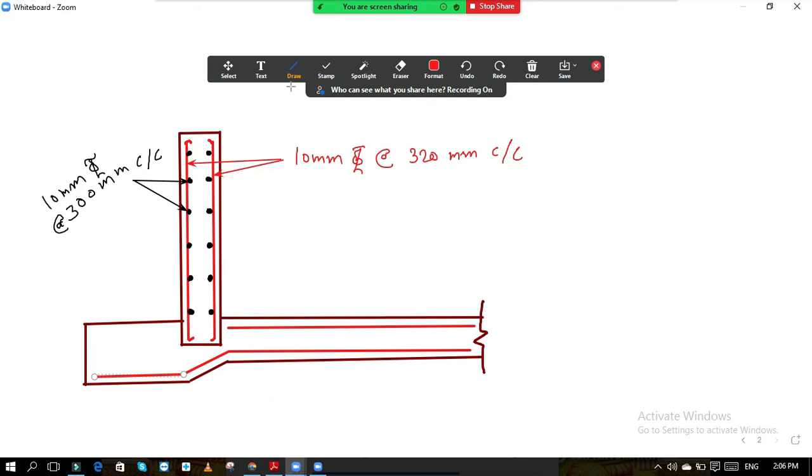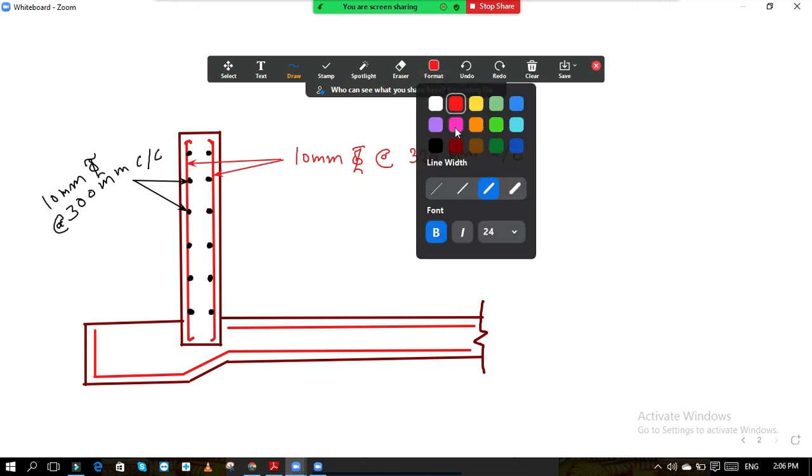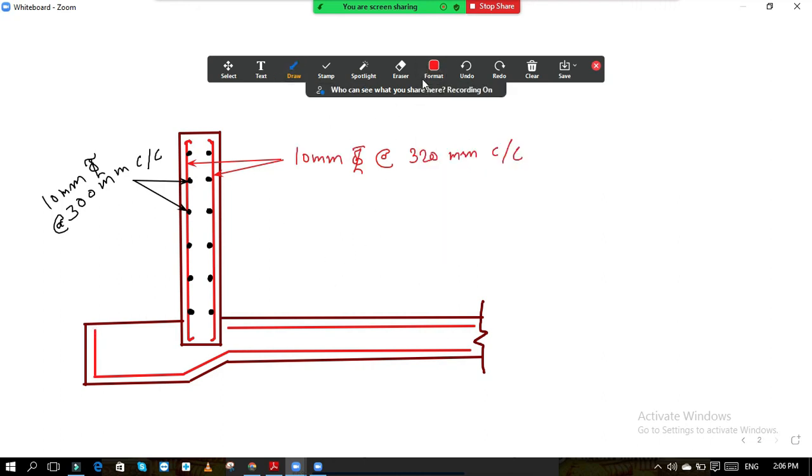Okay, and after this it will be taken up to here. So this bar we have already mentioned there. I will again write, these are the bars which are 10 diameter bars about 250 center to center.